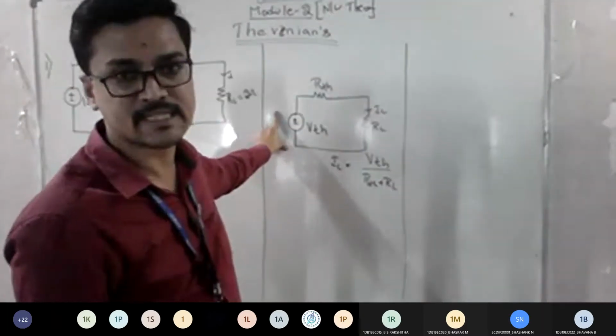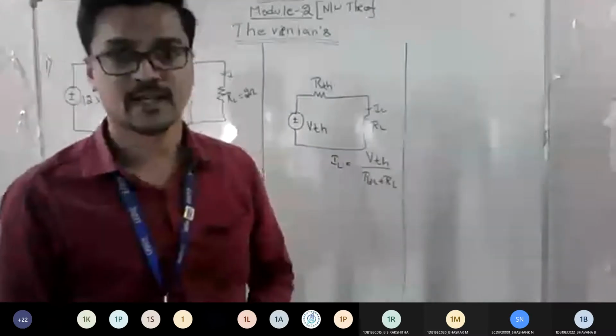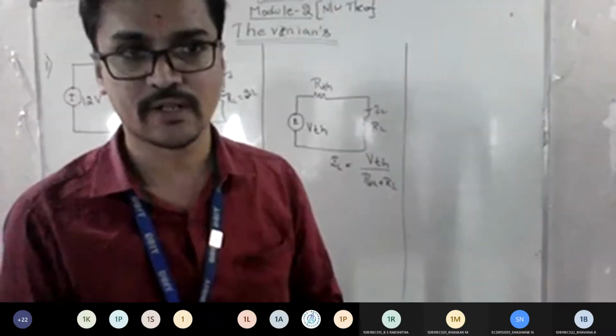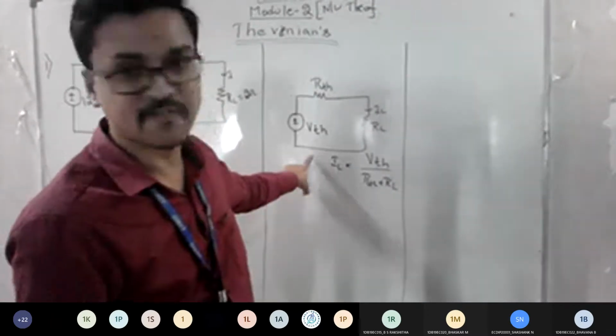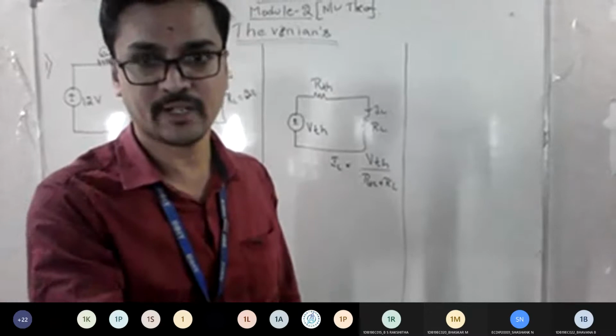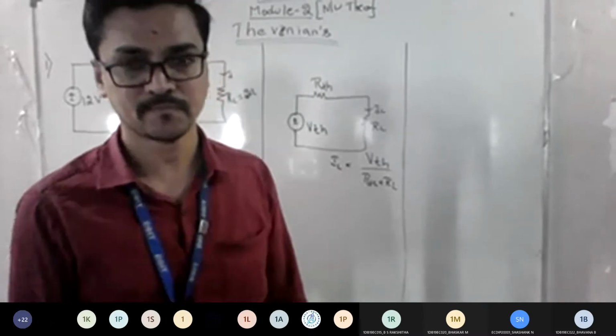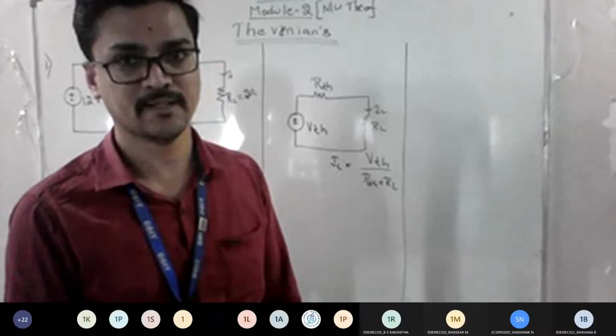If VTH is in series with your RTH, then that equivalent circuit is called Thevenin's equivalent circuit. Am I clear with this, everyone? Is it fine till here?